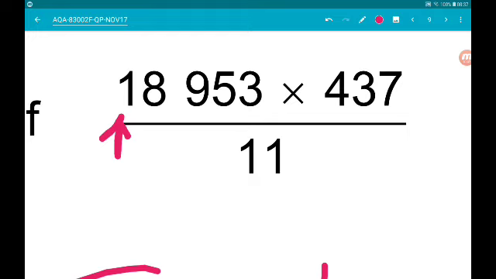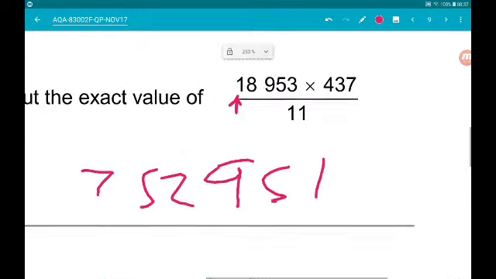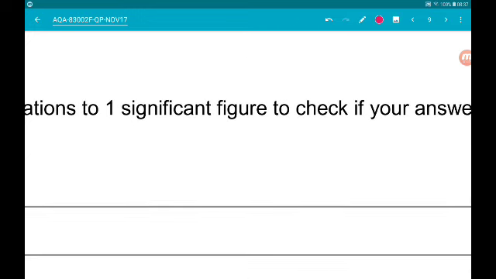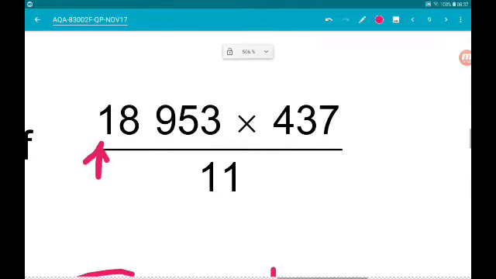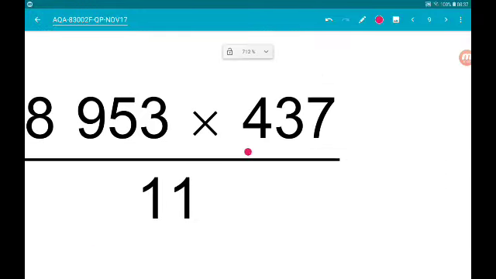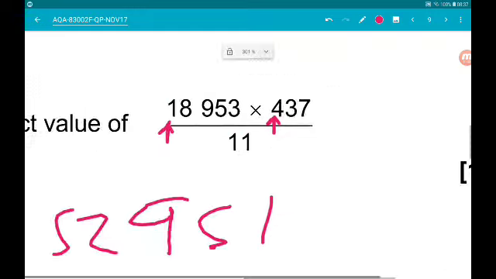That has an 8 after it, so we round it up to 2, and then every other digit becomes 0. So we get 20,000. And then 437. The first sig fig is the 4, it's got a 3 after it, so we keep it as a 4, everything else turns to 0. So we got 400.